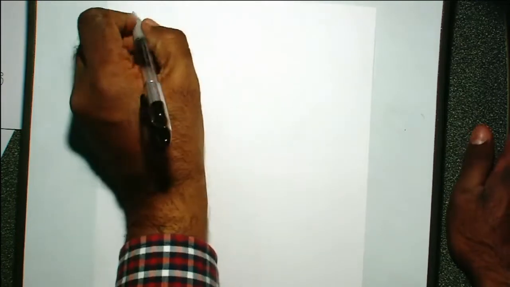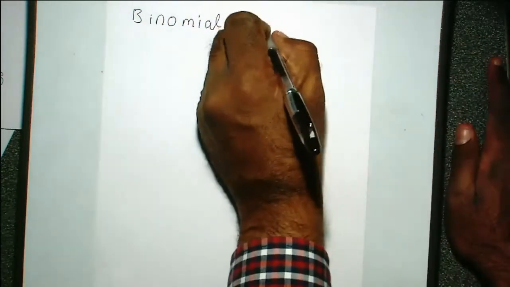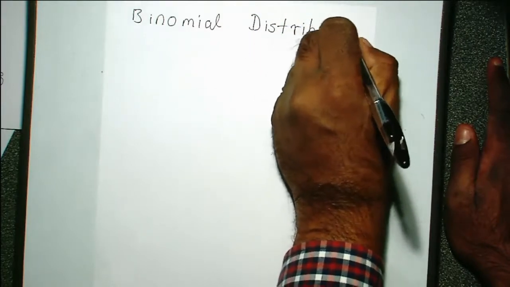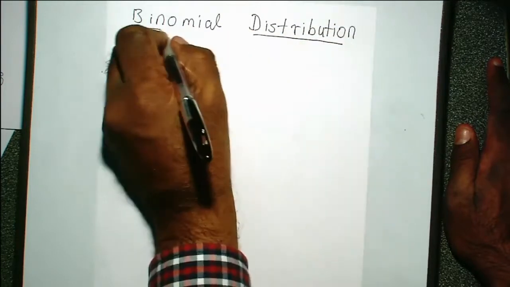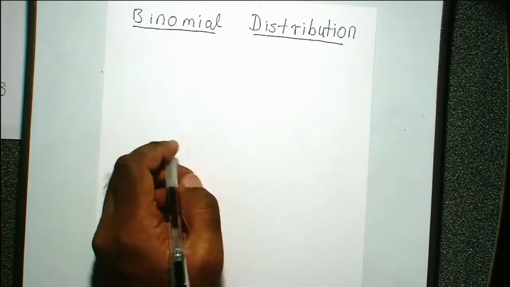All right. The next thing I'm going to talk about is the binomial distribution. Remember, the normal distribution is for continuous data, and the binomial distribution is for discrete data.